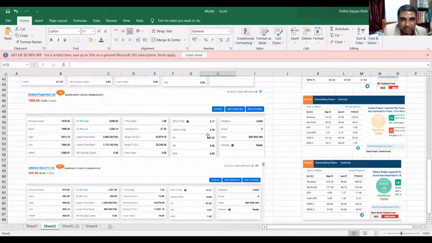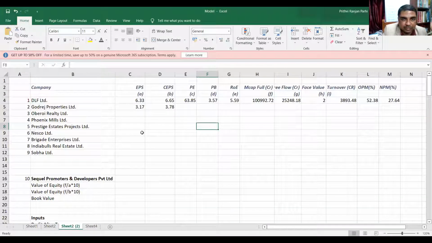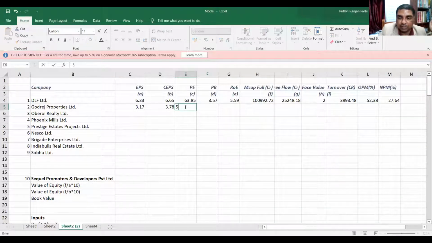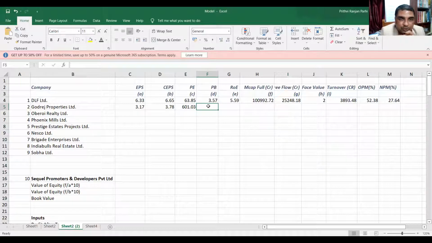Okay, are you able to see it? Yes, sir. 601.03. You remember the data? Tell me. 601.03 and the other one? And what is the price to book value ratio? 5.95.